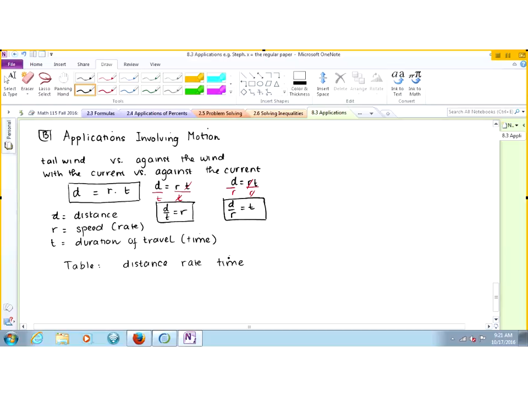So let's do one. I'm going to do it on the second page, so I don't have to go back and forth. Canoeing. Are you guys ready?